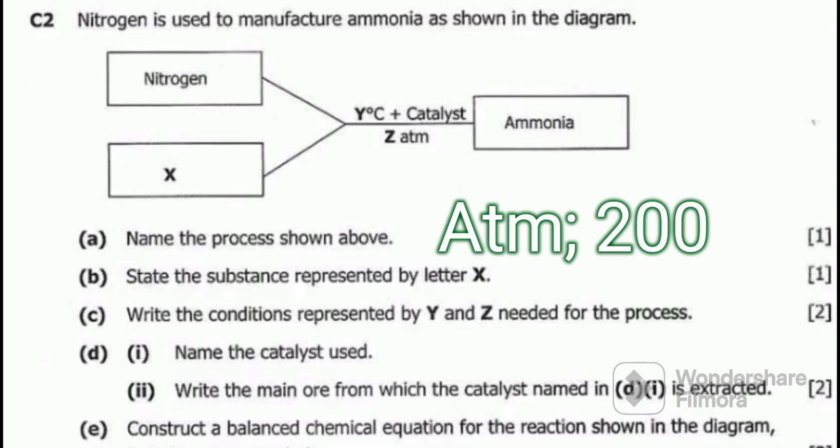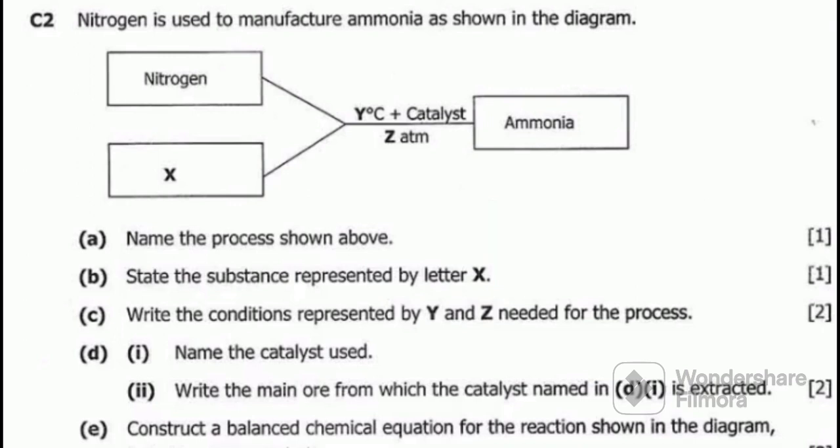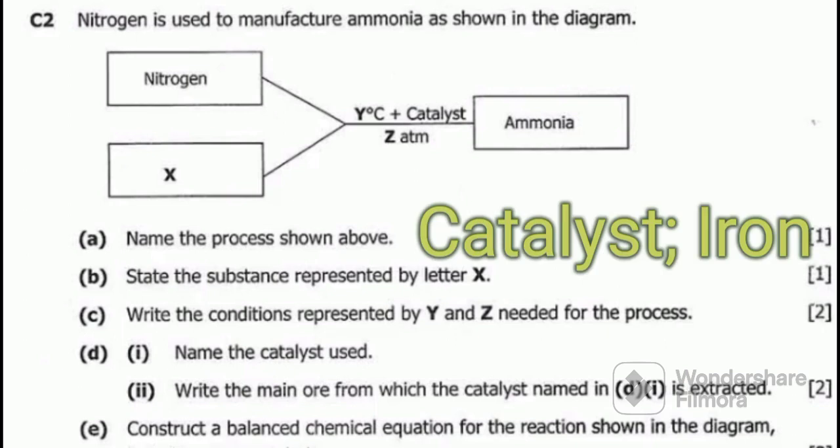D1, name the catalyst used. What is the name of the catalyst used in the manufacture of ammonia? The catalyst is iron.